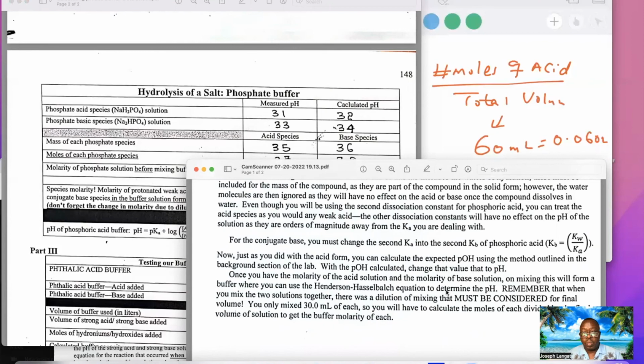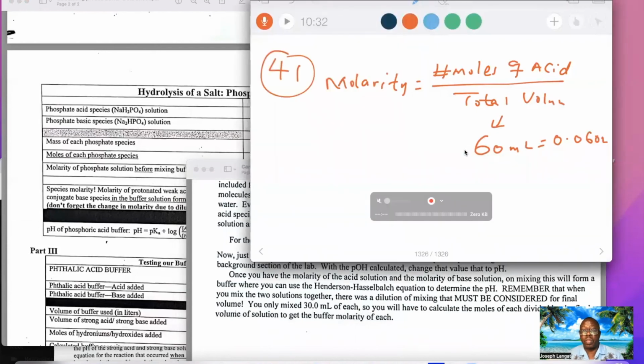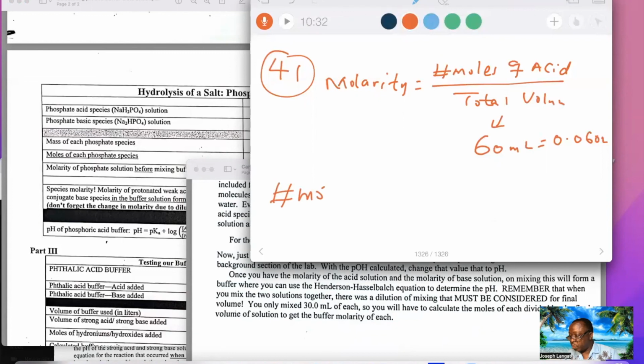So we will use this to calculate, since you only mix 30 of each. The 60 ml here is because of the 30, but the question is, what are the moles of the acid? The number of moles of acid is given by volume in liters times molarity.